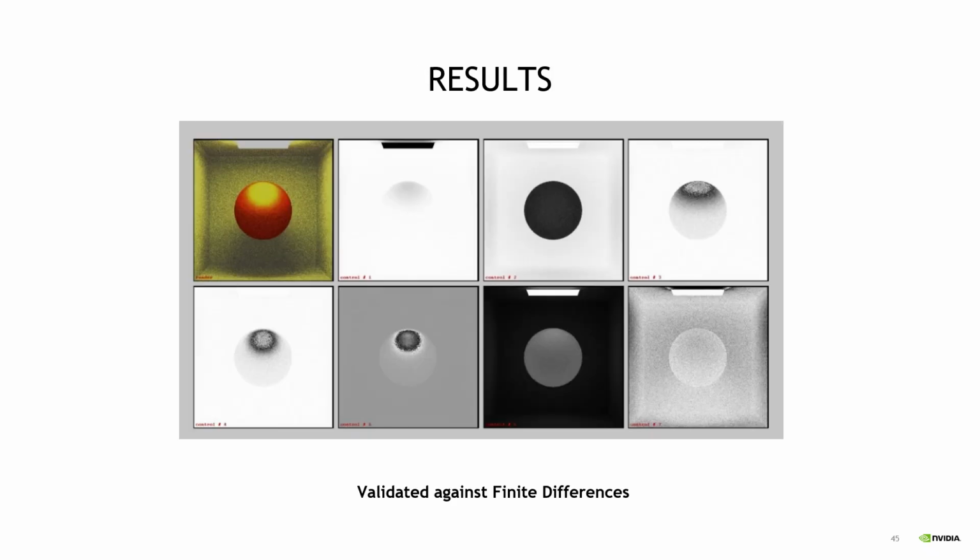So here are some results. They actually look like images made in the 80s. That's because my path tracer is so slow. So what I'm showing here is, of course, the rendering at the top left. And then I'm showing the gradient with respect to different controls. The controls here are the parameters of the reflection models.